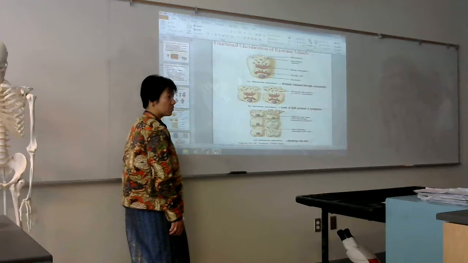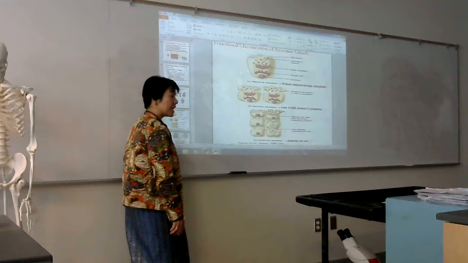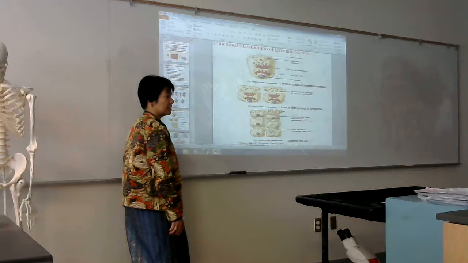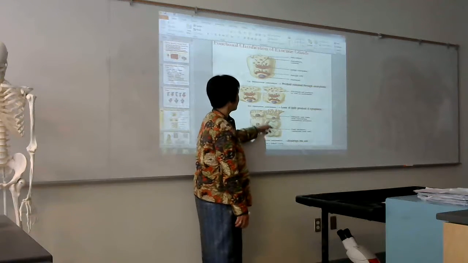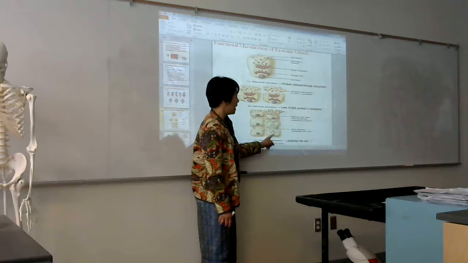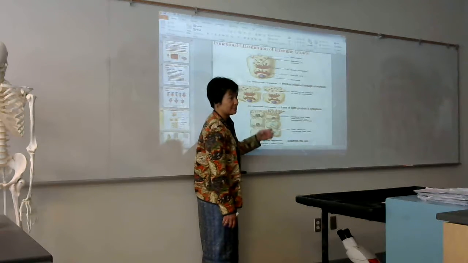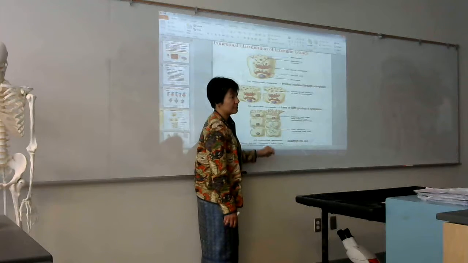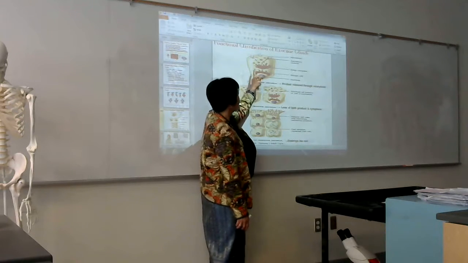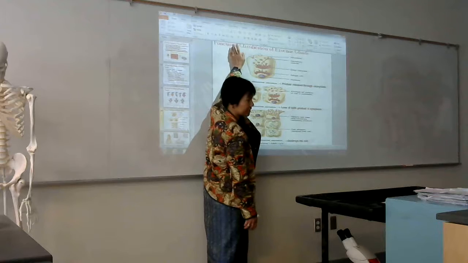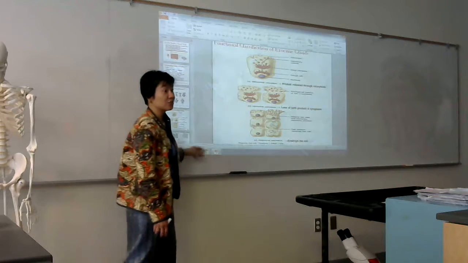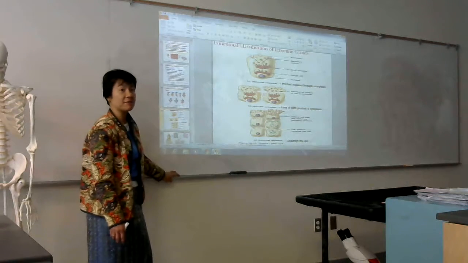Holo for whole. The whole cell becomes the secretion actually. So compare this one and this one. This one has a higher rate of cell division because the whole cell becomes the oil that you secrete. Whereas this one, they just make the sweat and release it by exocytosis. So don't forget that.